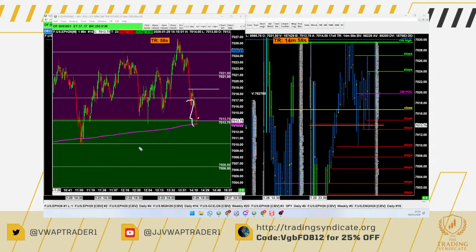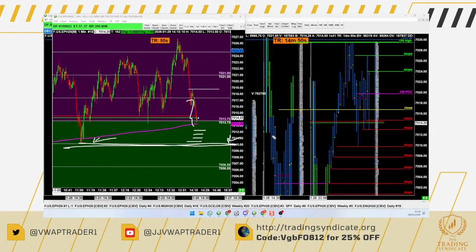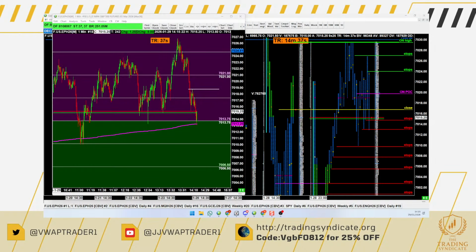Now, if you still have contracts left, that's the area of interest, so you'd want to bid before that level. You always want to front run where the prospective buyers are, and you always want to front run where the prospective sellers are. You need to step out in front of those people and price compete so you can get rid of your inventory, or you can cover and get what you need if you're short.